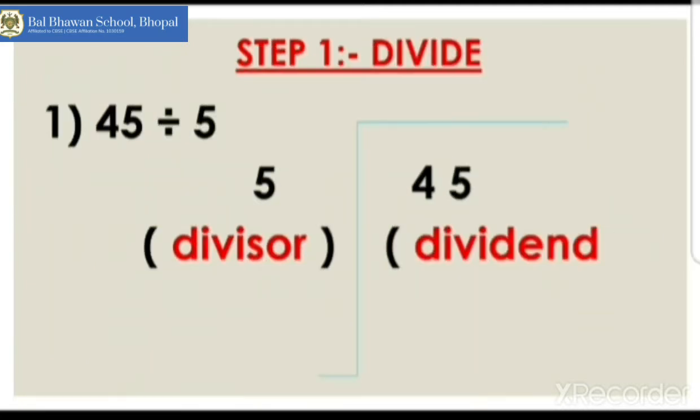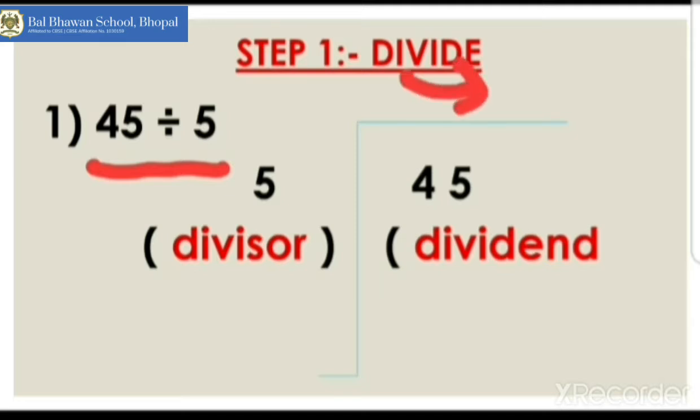Okay. Now here the first question, how you're going to read it. It is 45 divided by 5. And the first step which you are supposed to follow while doing a question of the short division method is divide. So first you are supposed to draw one bar.